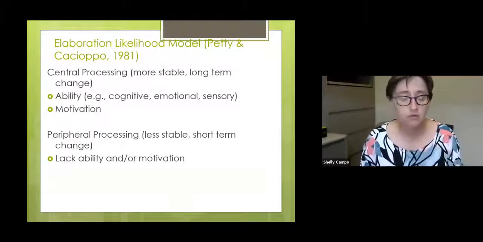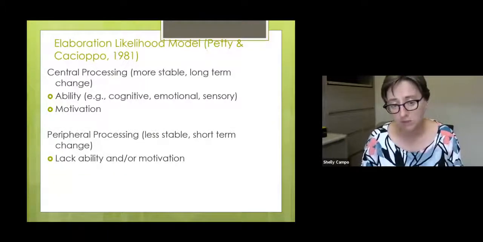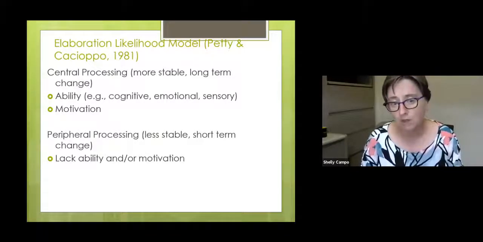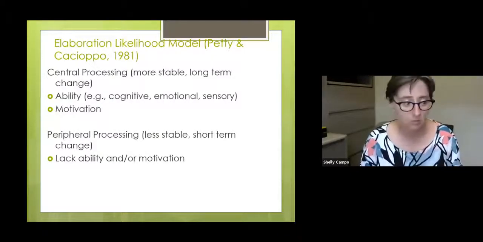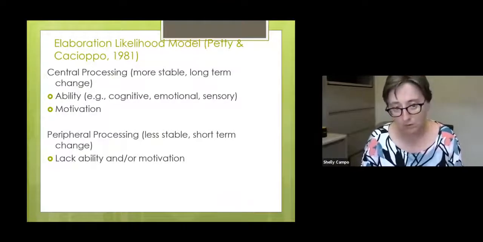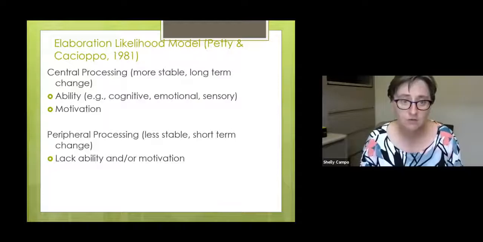But there are some people who really do want and need detailed information, and they're going to be more likely to process it that way. And if you have a lot of people in that stage, then you're going to need to give a lot more detailed information about your services, agencies, products, etc. If people process centrally, their attitudes and behaviors tend to be more stable and long-term.